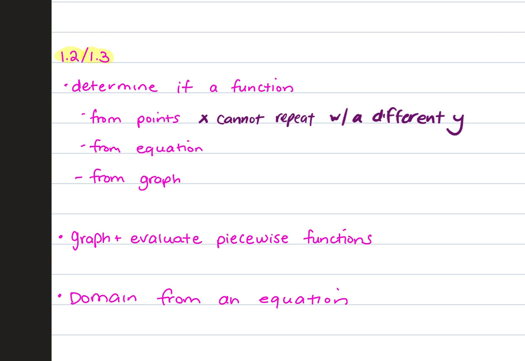From an equation, the y cannot be raised to an even power or in absolute value. So those things make them not functions. And then from a graph, we use the vertical line test.